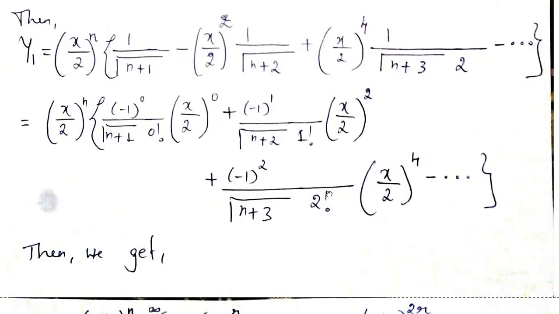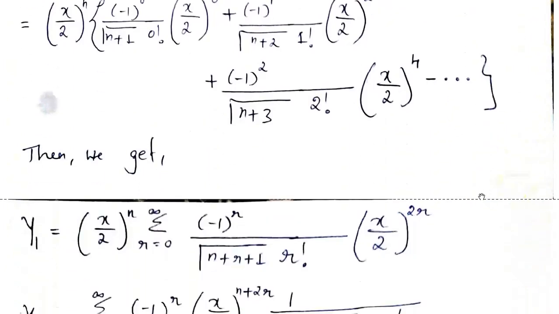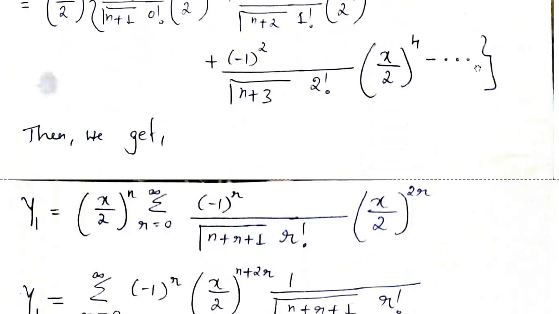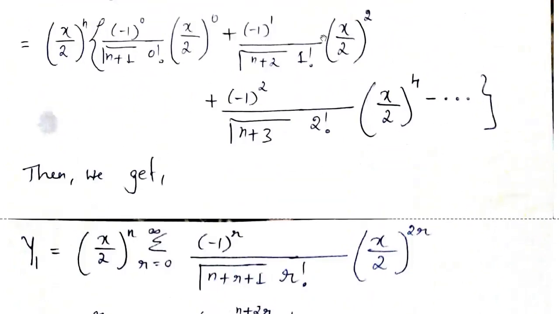This 2 can be written as 2 factorial, x by 2 power 4. So if you continue, what should be the next term? The next term has to be minus 1 to the power 3 divided by gamma of n plus 4 into 3 factorial, which is multiplied with x by 2 power 6, or you can say 2 into 3, and so on. So if you continue like that, these terms here can be written in terms of a standard summation.